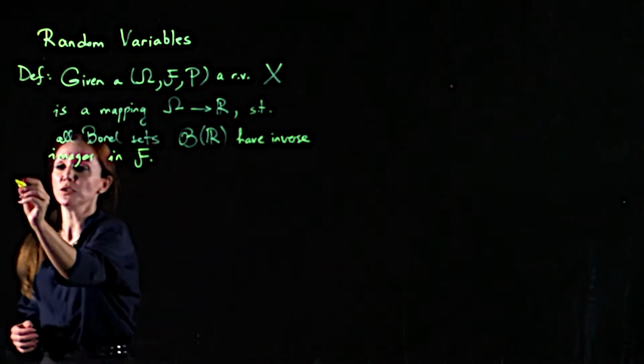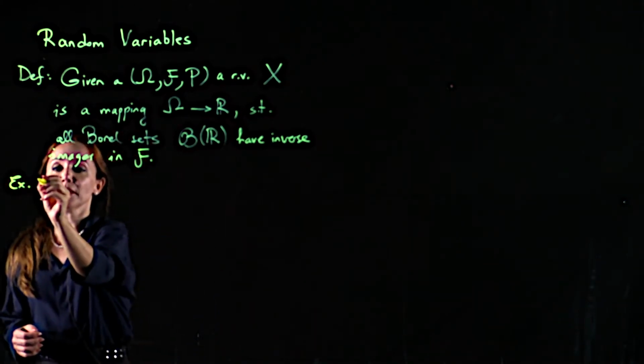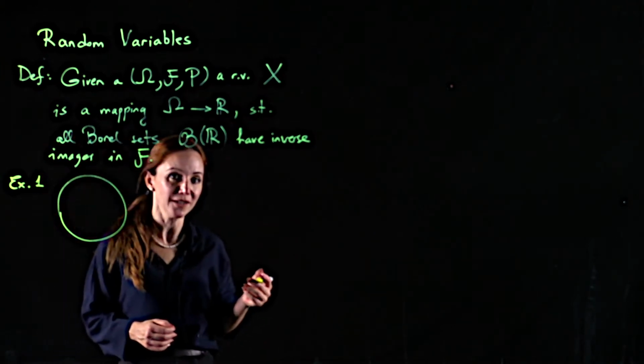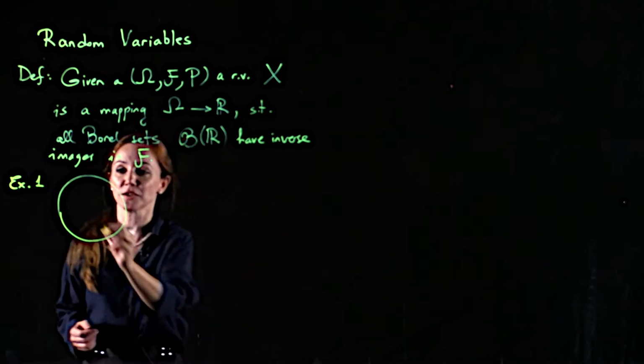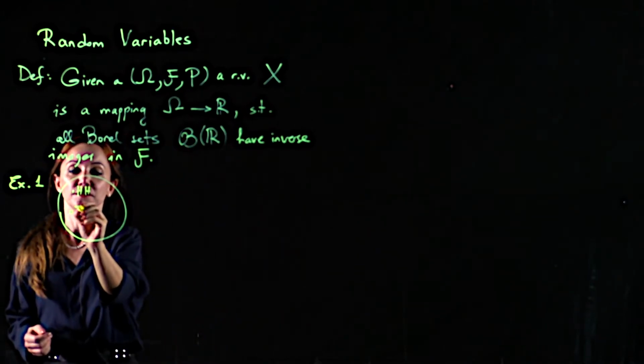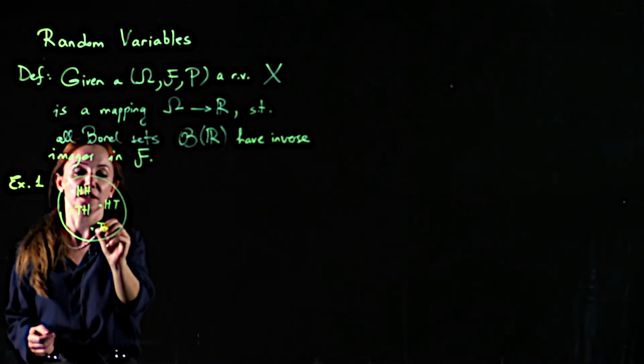Okay, so to illustrate that, let's begin with the simplest example of tossing a coin twice. Remember, we had 4 possible outcomes: HH, TH, HT, TT.